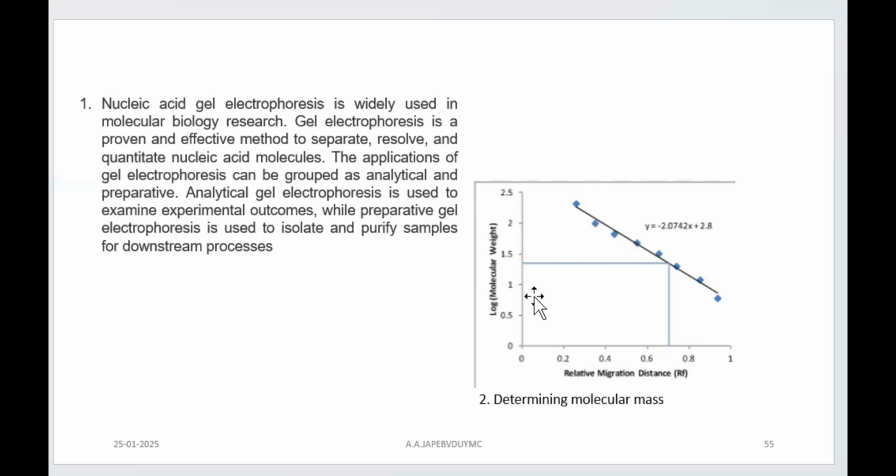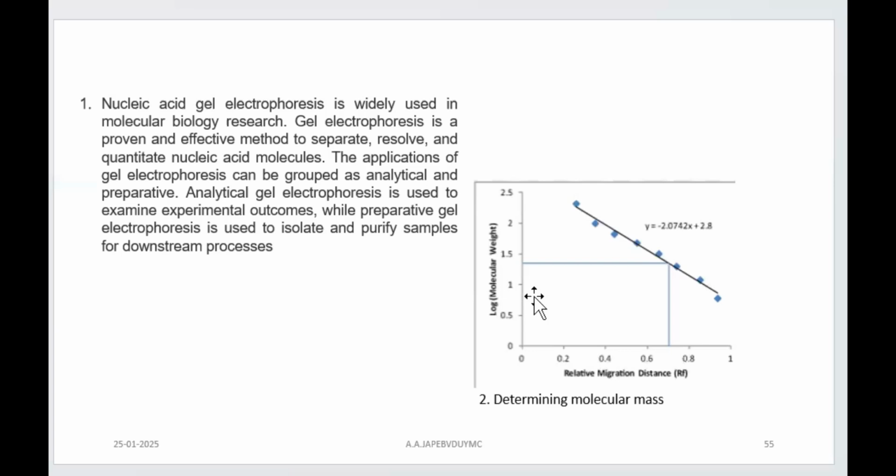The basis of molecular weight determination by SDS gel electrophoresis is that the entire protein now has negative charge, and the surface charge per unit area of the protein is constant. So if the area of the protein changes, the total net charge will change. So ultimately what is the factor? It is the molecular mass of the protein that is going to decide its mobility.